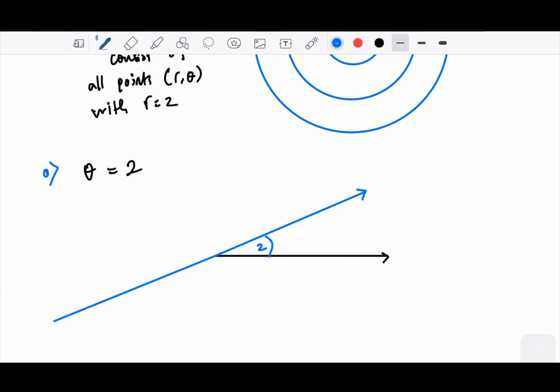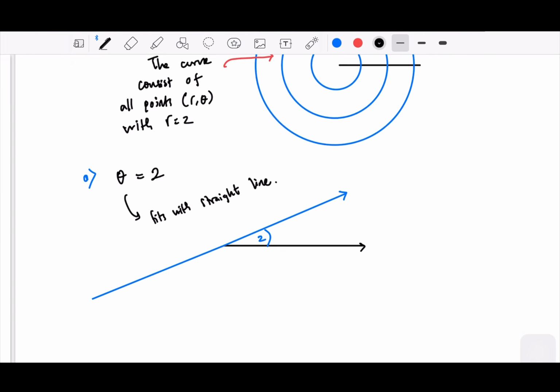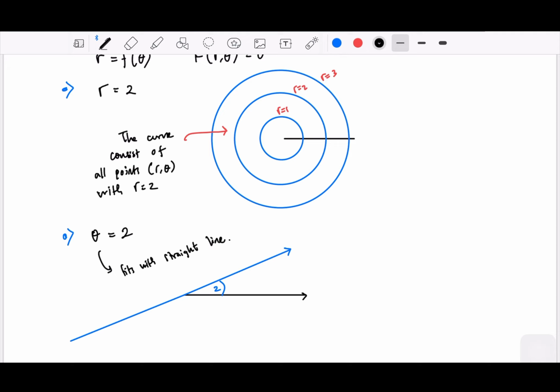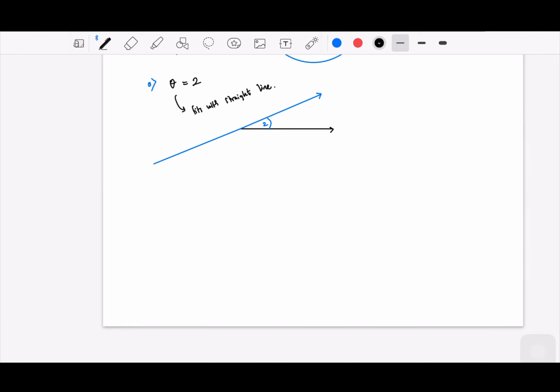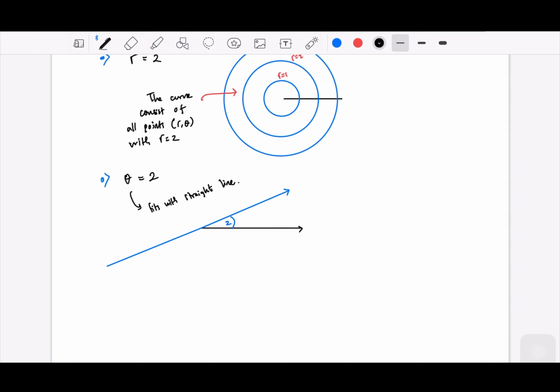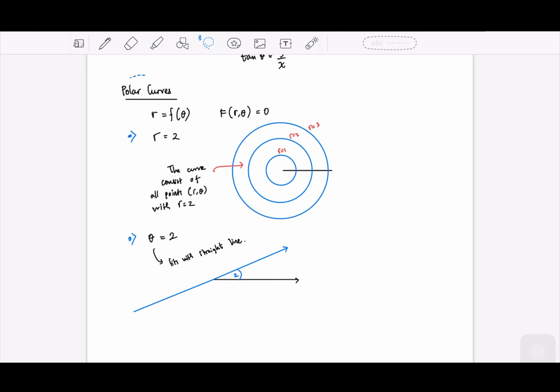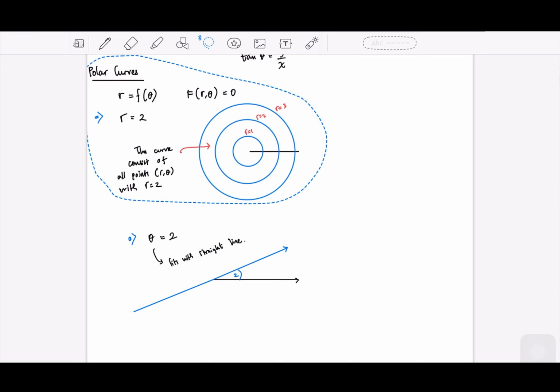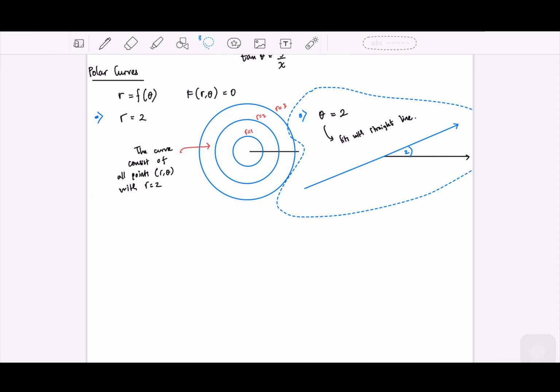It's a fixed straight line. Okay, so those are two simple polar curves.